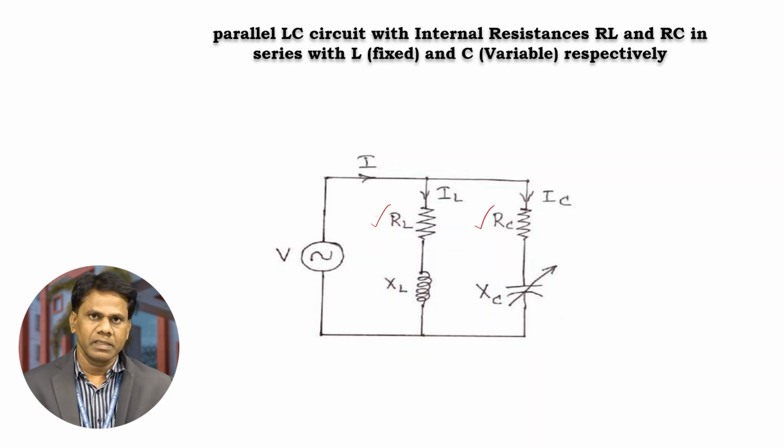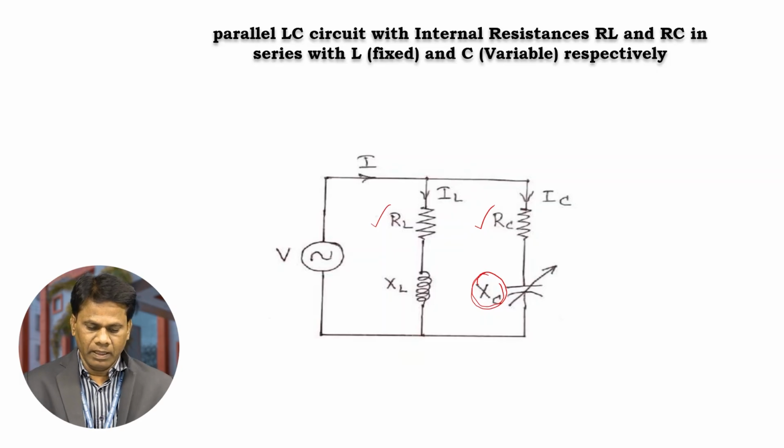Here in this lecture, I am considering XC, the capacitive reactance, as the variable element. By varying XC, we will see what the locus diagram of the LC circuit is in this class.